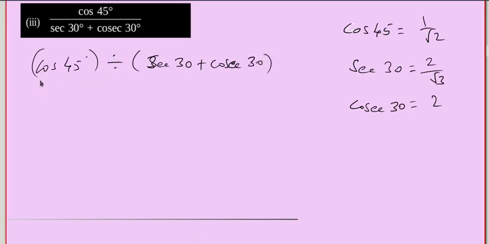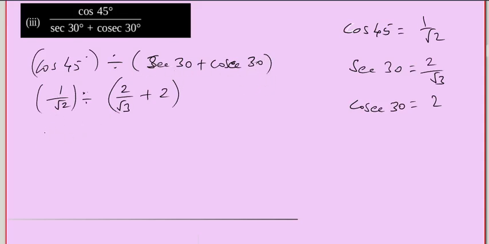Now let me substitute the values. Cos 45 is what? 1 by root 2. Divided by, here what we have? Secant 30, 2 by root 3, plus cosecant 30 is 2. Okay. So this everything is under division, no? So we have to put bracket. The whole bracket.